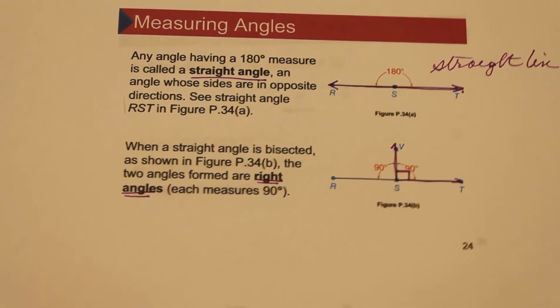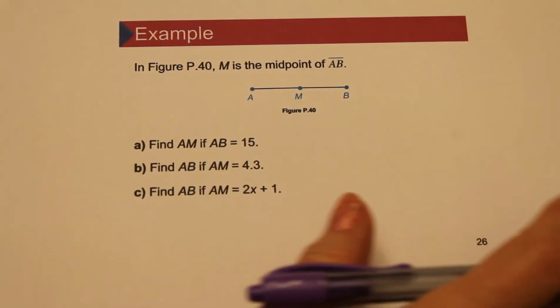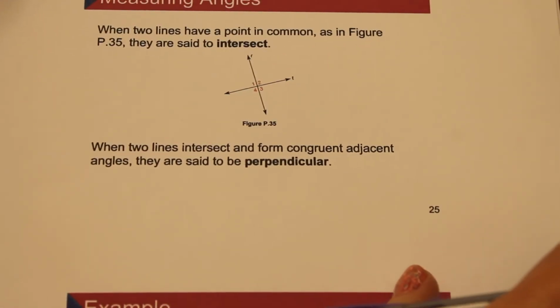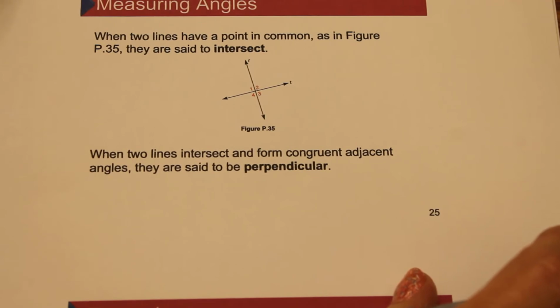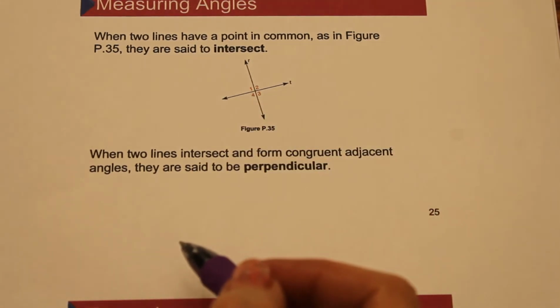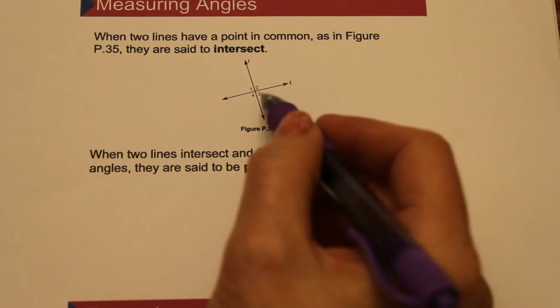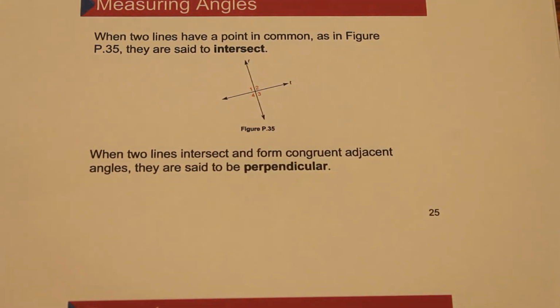So if parallel lines never intersect, there's another type of intersection, and that would be a perpendicular intersection. So when two lines intersect, lines will always intersect at a single point.